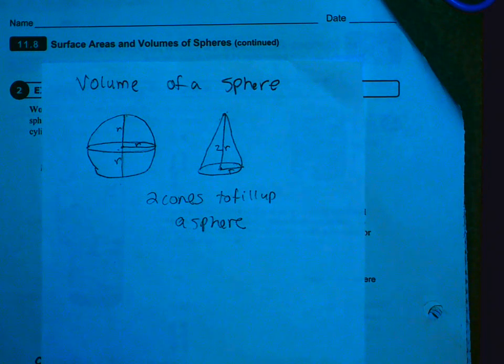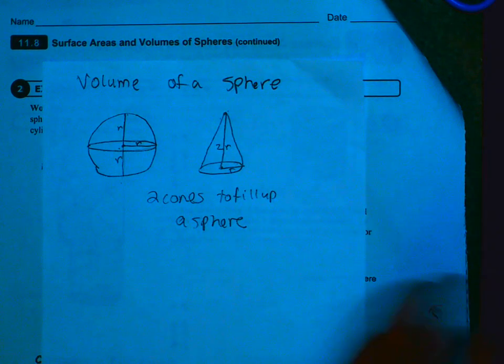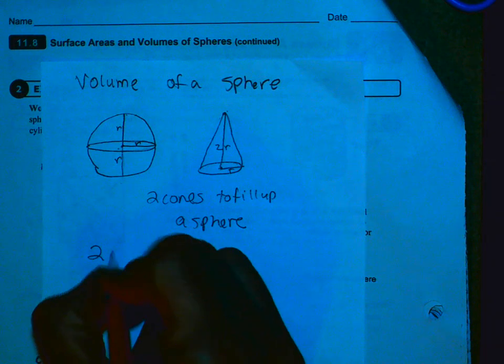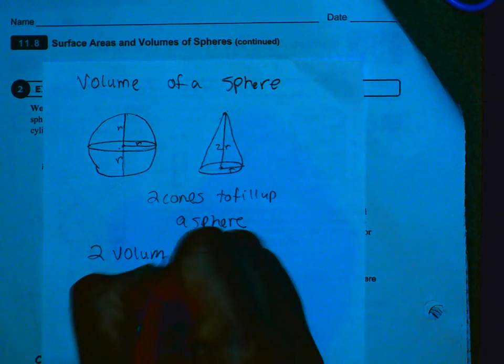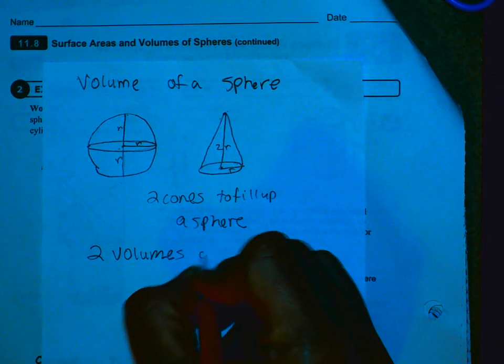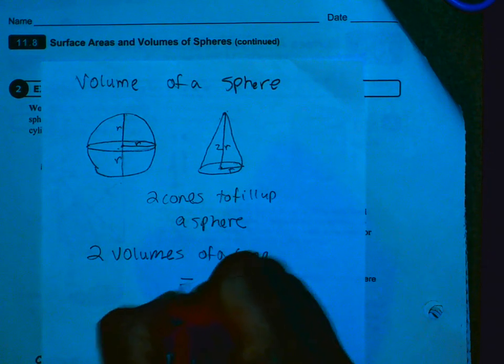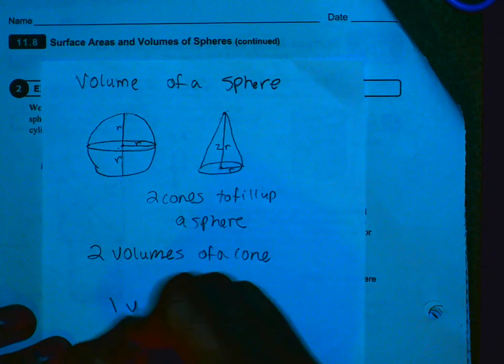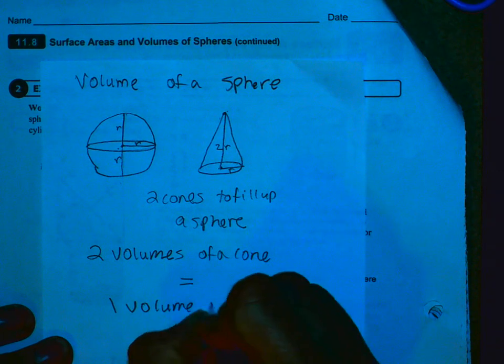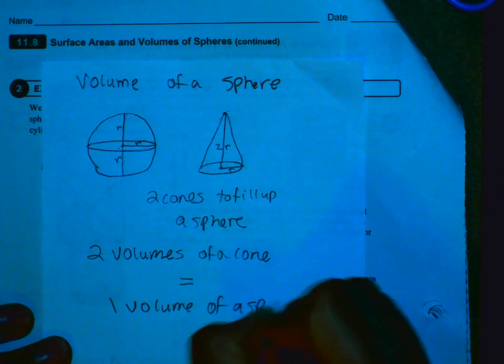That means two volumes of a cone is going to equal one volume of a sphere.